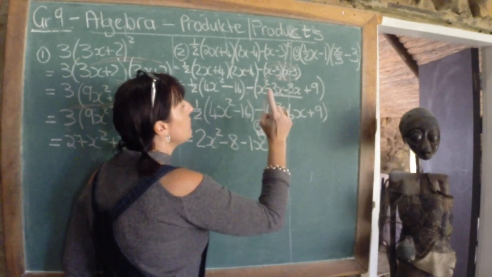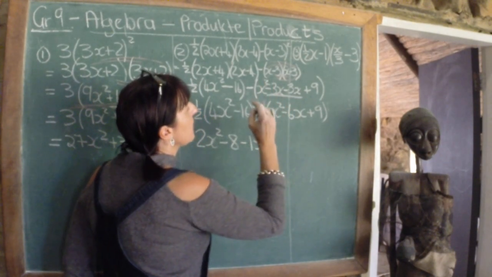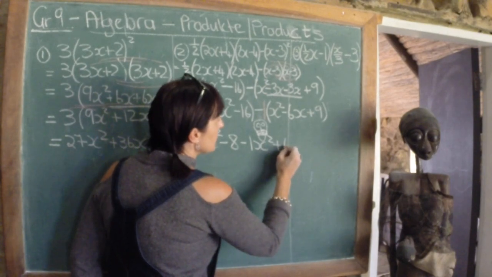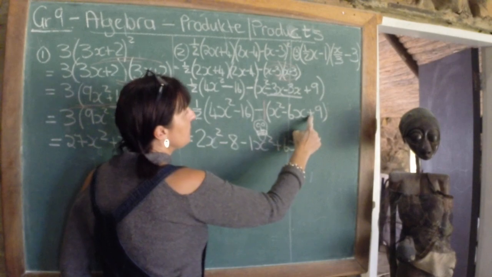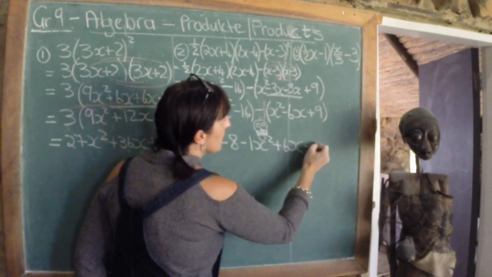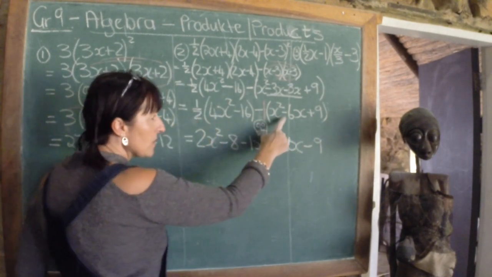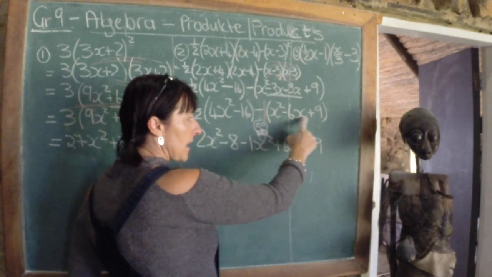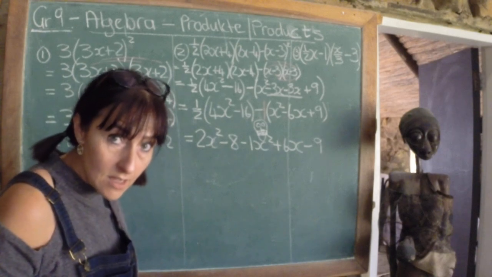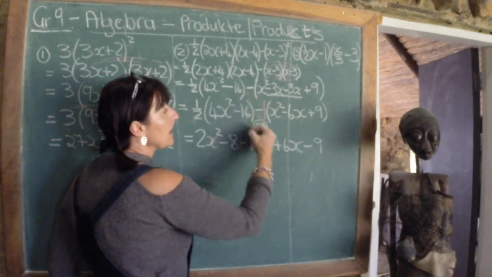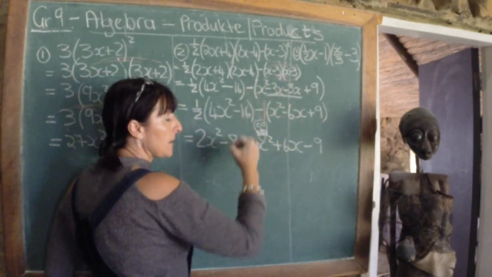Minus 1 maal minus 6x gee vir my plus 6x. 'n Minus 1 maal met 'n plus 9 gee vir my minus 9. Can you see that all the signs changed after the bracket because of that danger? Kan julle dit sien? Alles het verander na die hakkie want hier is my gevaarteken.